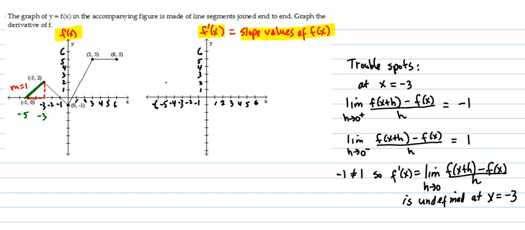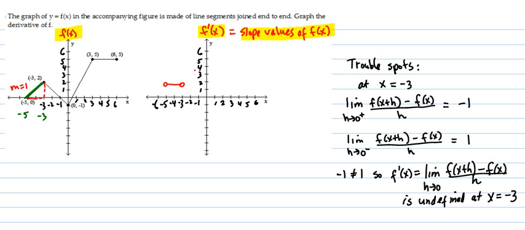Now I'm going to put open circles, and that's going to be for a reason that we're going to explain. I'll explain in -5 why that's an open circle at the end, but there's an open circle at -3. And the reason is that the derivative is undefined there.